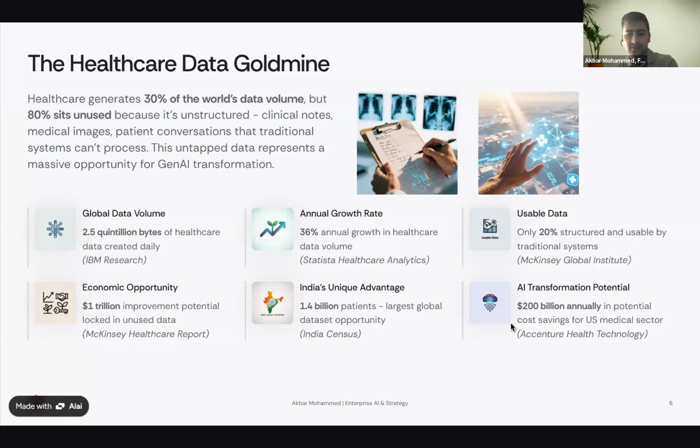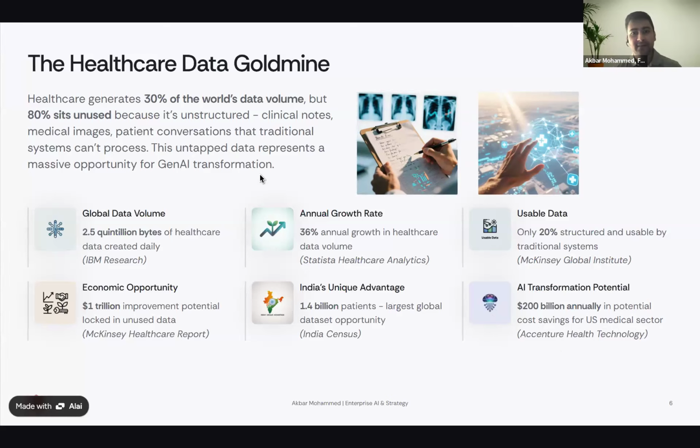If I look at just the US alone, there are estimates saying we can potentially save, not create, but save $200 billion annually in just the US medical sector. So imagine what AI or any analytics can do at a global scale, right? So that's the potential.